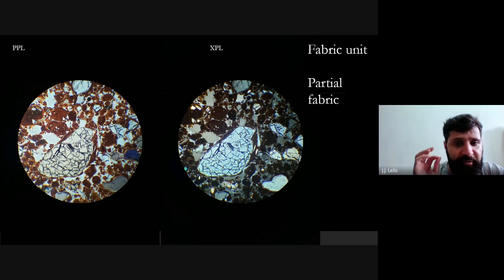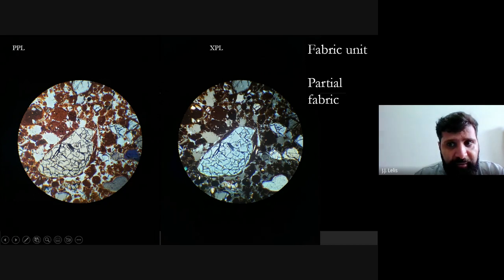If I find in the same thin section, like in this picture, some channels here, these channels are a specific partial fabric, different from the packing voids, those voids that are formed between the peds, the aggregates, or between the coarse material, the coarse fraction. So the packing voids are a specific partial fabric, and the channels are another specific partial fabric.